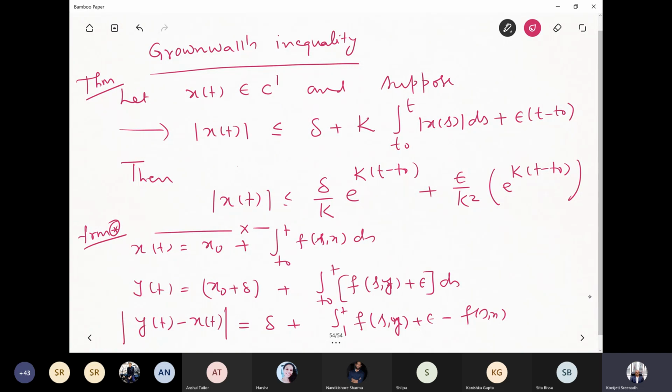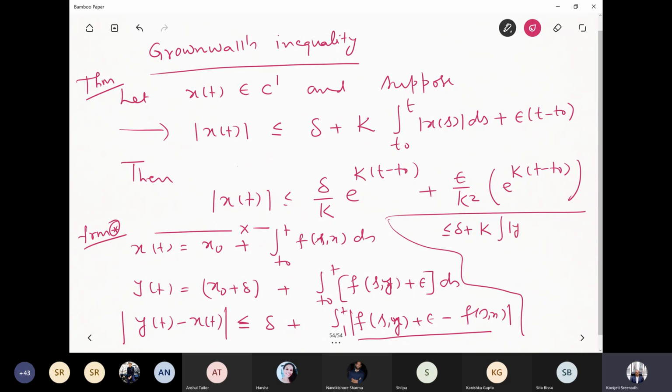If I take the absolute value here, it's going to be less than or equal to delta plus the integral of the absolute value. And you see that here you can write this as f(s, y) minus f(s, x) plus epsilon. So this is now less than or equal to delta plus k, which is the Lipschitz constant, times |y minus x| plus epsilon times (t minus t naught).